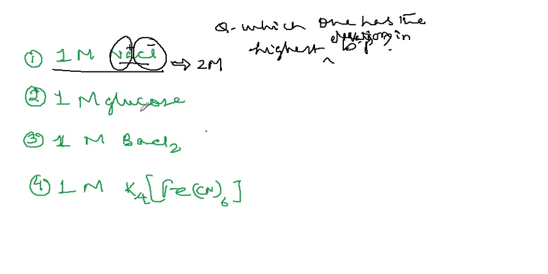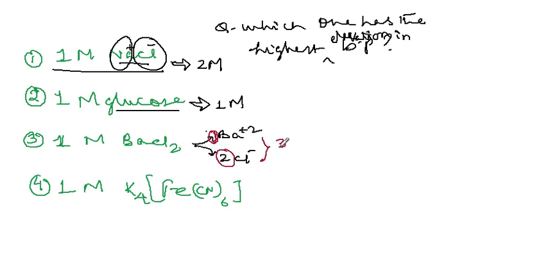Glucose will remain as one single entity, so its concentration doesn't change, and it will remain 1 molar. Barium chloride will break apart into 1 barium ion and 2 chloride ions. It means the concentration will increase by how many times? By 3 times.